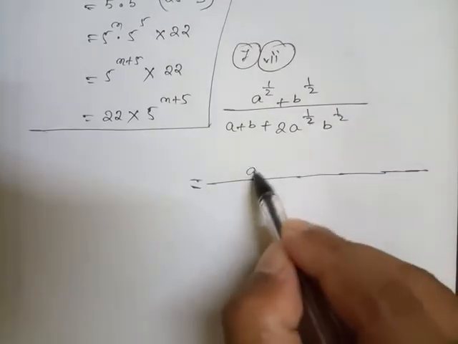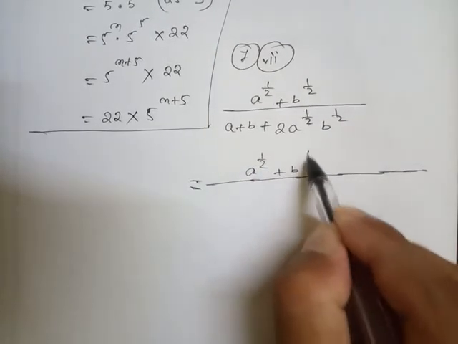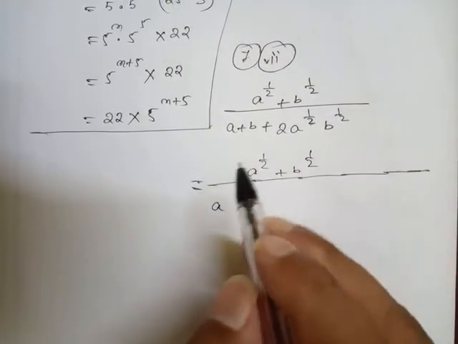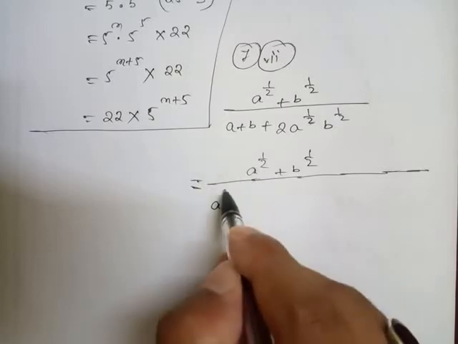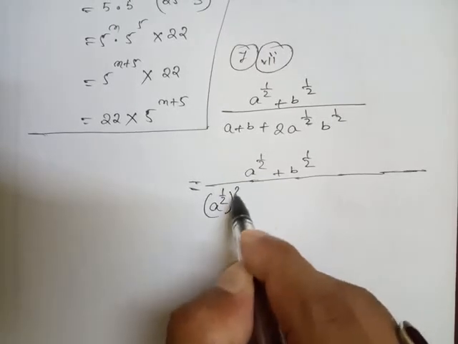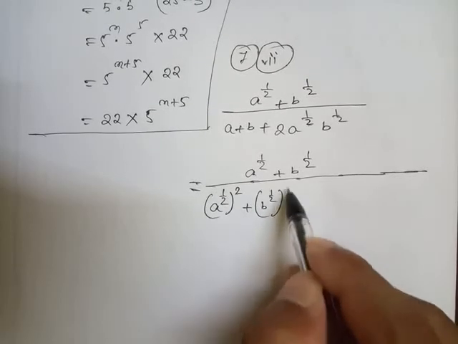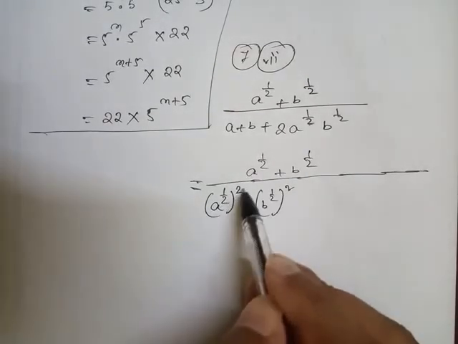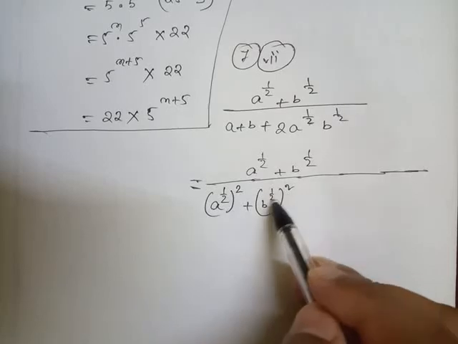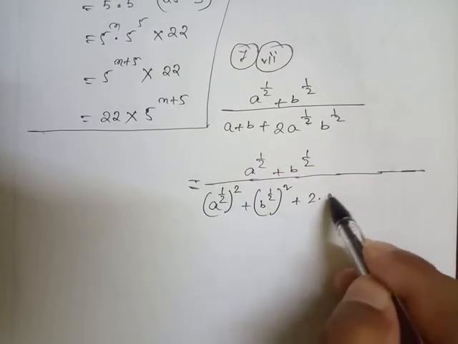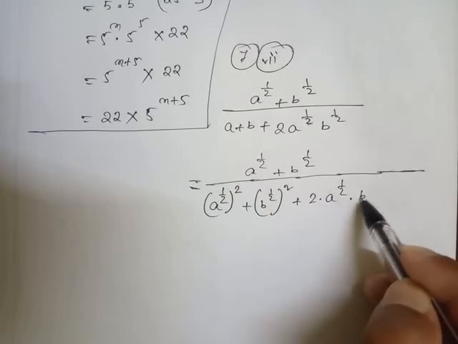Here I will write a to the power 1 by 2 plus b to the power 1 by 2. Now this part, if I write it like this, a to the power half whole square, and here b to the power half whole square, which means 2 and 2 cancel, we get a here again, and 2 and 2 cancel, we get b here again, and this part 2 into a to the power half into b to the power half.